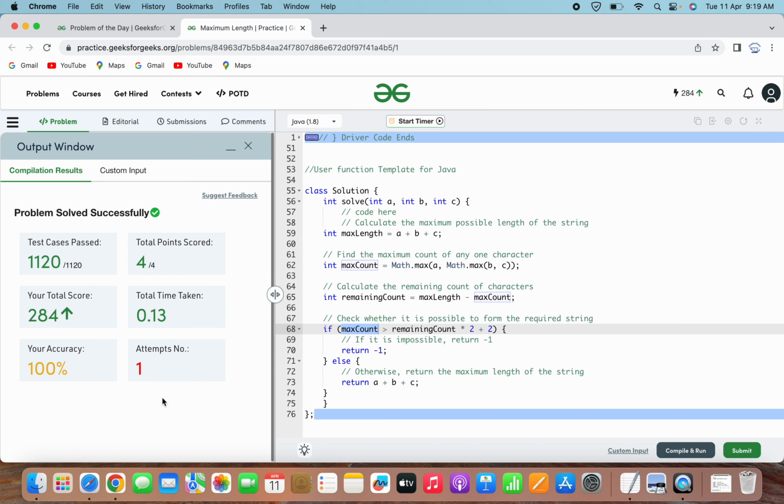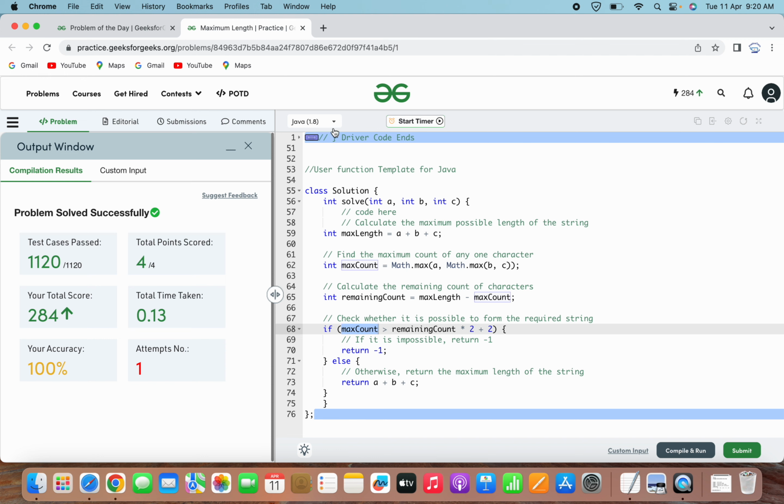The main function is also reading the 3 integer values from the standard input, calls this solve method, prints the result to standard output and returns 0. All these operations take constant time only. Therefore, the overall time complexity of this program is big O of 1, because we are not performing any kind of looping and all those things. Simple arithmetic operations here. Okay, so this was the Java solution of this problem.